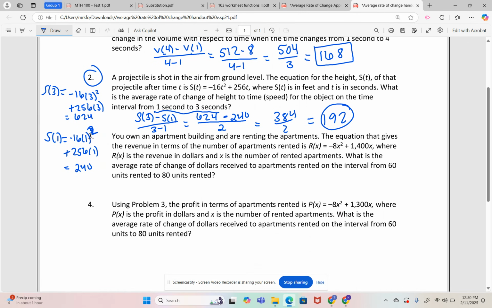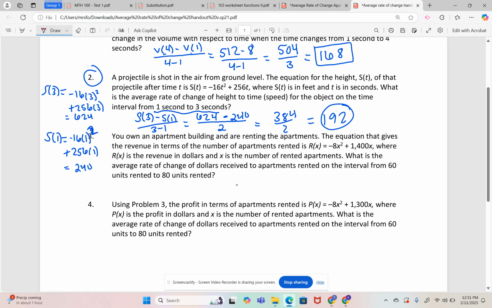Alright, so now we want to look at 3 and 4. So remember, anytime you see it asks for what is the average rate of change, average rate of change means change in Y over change in X. Number 3 says you own an apartment building and are renting the apartments. The equation gives the revenue in terms of the number of apartments rented.